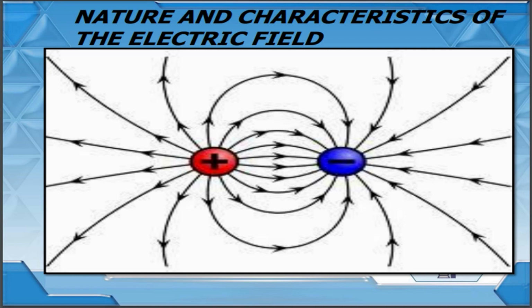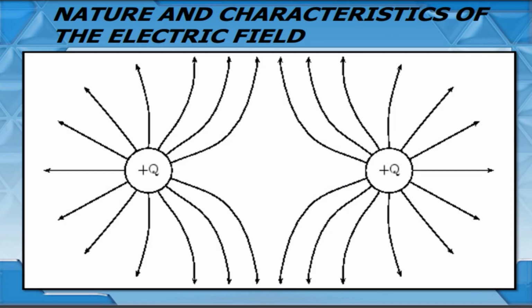So since they are in opposite charge, what will happen? They will attract one another. And since in our next example we have both positive, you can see that the electric fields are trying to repel with one another. So there is this what we call repulsion that is happening in this scenario.